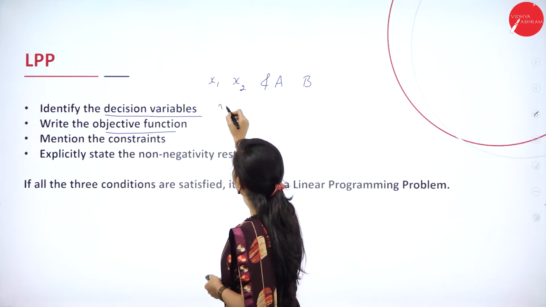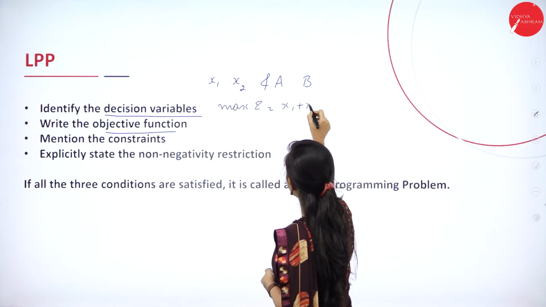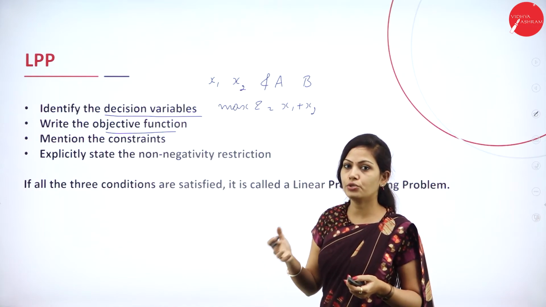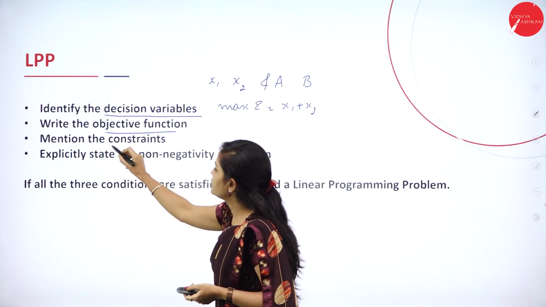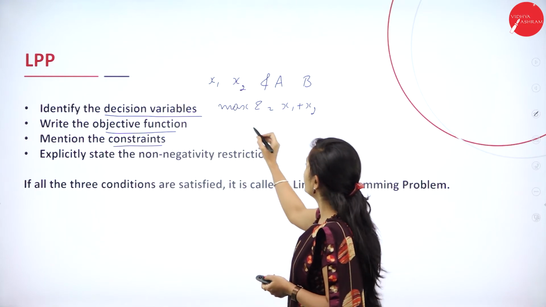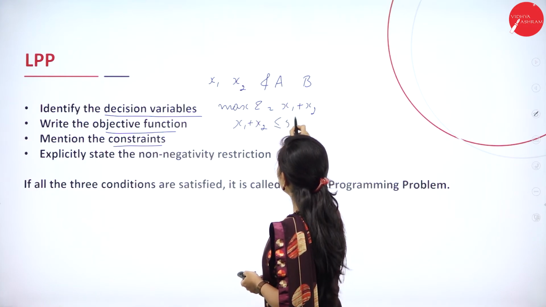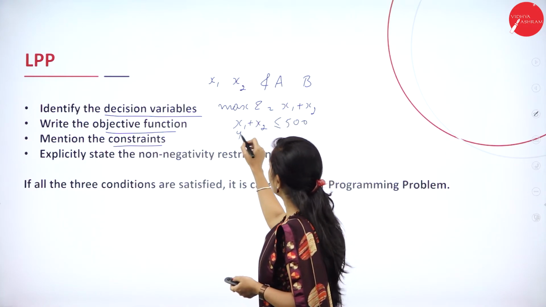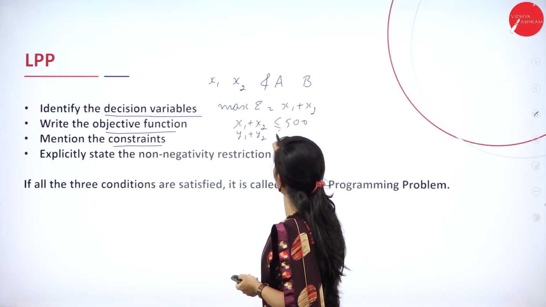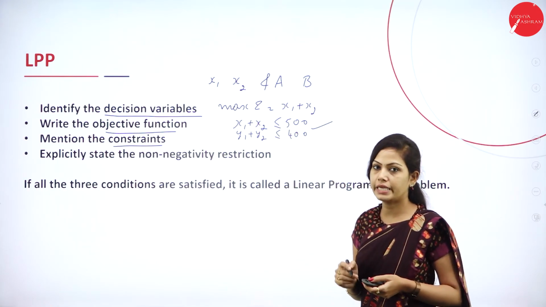Objective function means maximization of product, that is x1 plus x2 or y1 plus y2, etc. And mention the constraints. First we have to check the availability of the product. For example, x1 plus x2 less than or equal to 500 and y1 plus y2 less than or equal to 400. So this is an example for constraints.